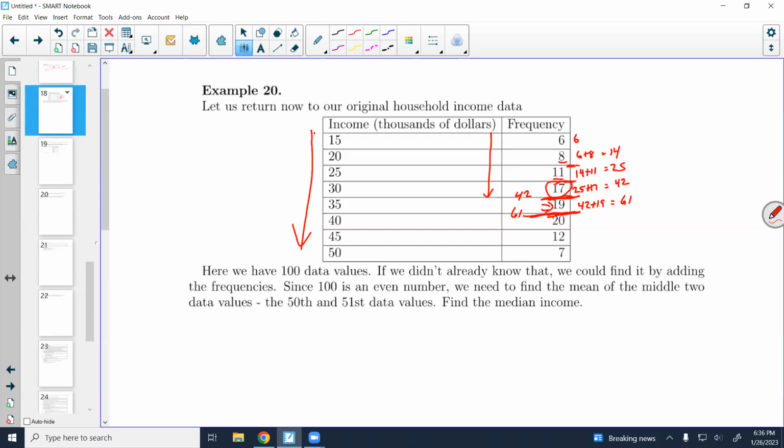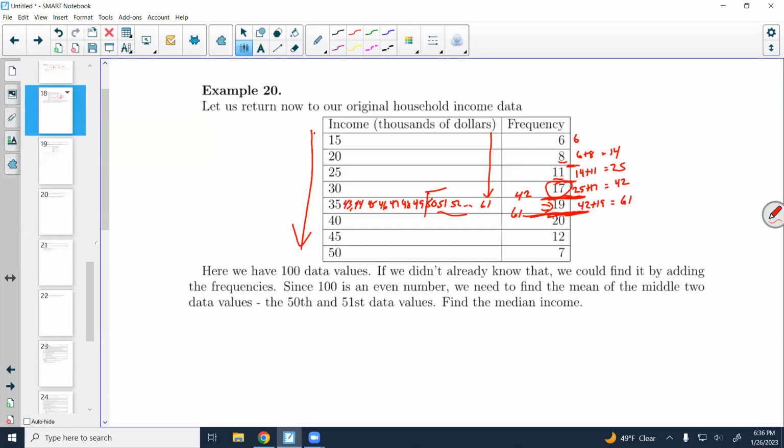I need the 50th point. Once I get here, at the end of this, I'm at the 61st data point. So essentially, in this bracket here, it's the 43rd, 44th, 45th, 46th, 47th, 48th, 49th, 50th, 51st, 52nd, all the way to 61. Right? Because at this point, it's 42, and at this point, it's 61. How many data points have I accounted for? Is it clearing up?